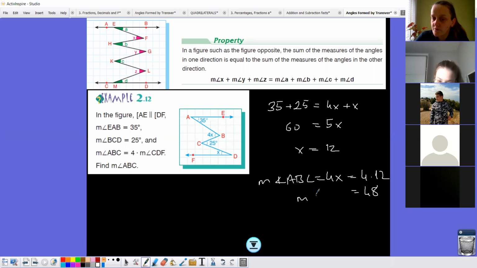So measure of angle ABC is 48 degrees. Did we understand? Yes, teacher. So the angles which are on the same side, you will add them, and then they are the same as the sum of the angles on the other side.